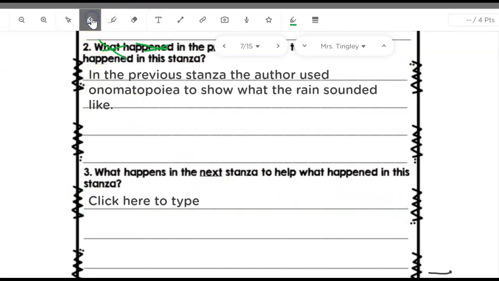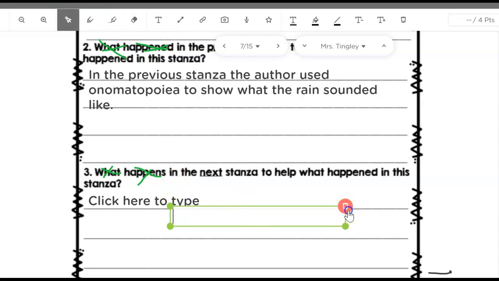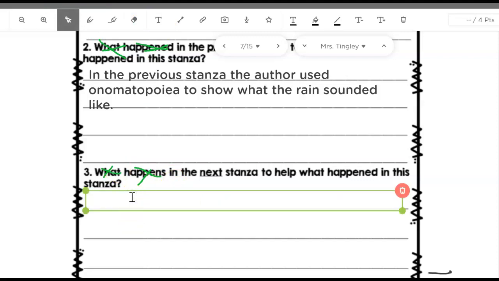Cross out my question words. What happened? Use the rest of my answer. In the next stanza, it used alliteration. Make sure I spell that. Alliteration.